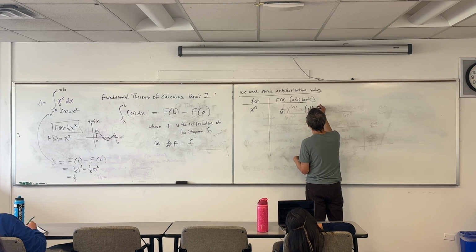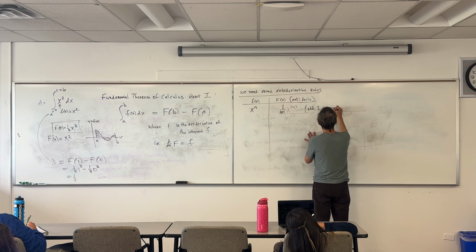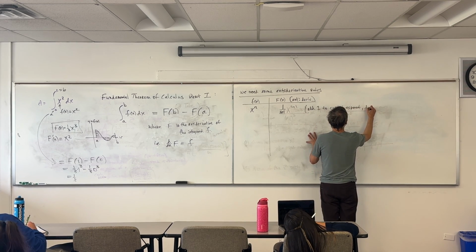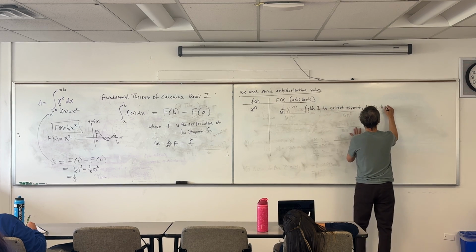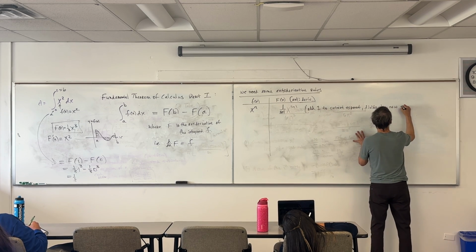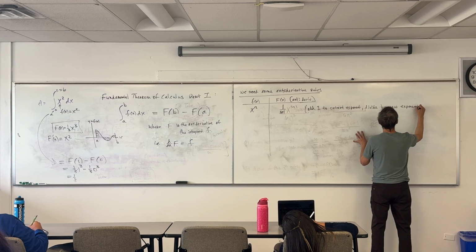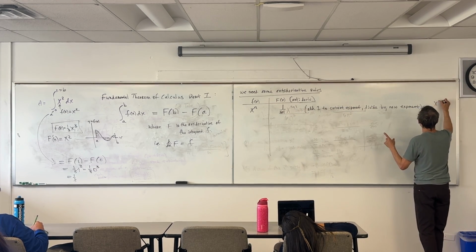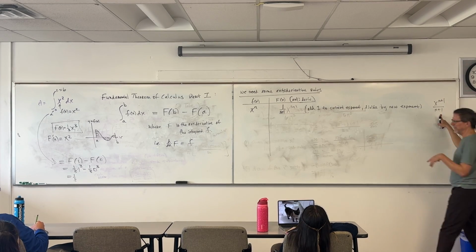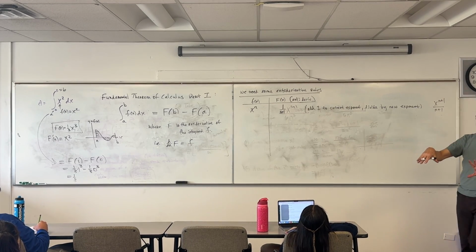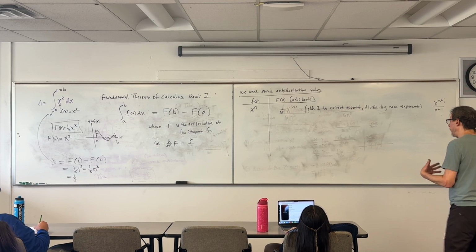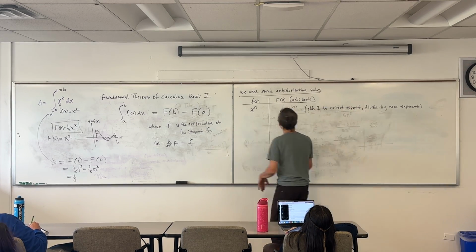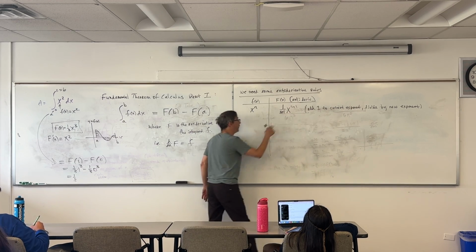So add 1 to the current exponent, divide by the new exponent. But I wouldn't write it as a division, I'd write it as a 1 over, in other words, put a 1 over n plus 1 out front. A little more sophisticated, it just works out better in general. So this is called the power rule for antiderivatives.